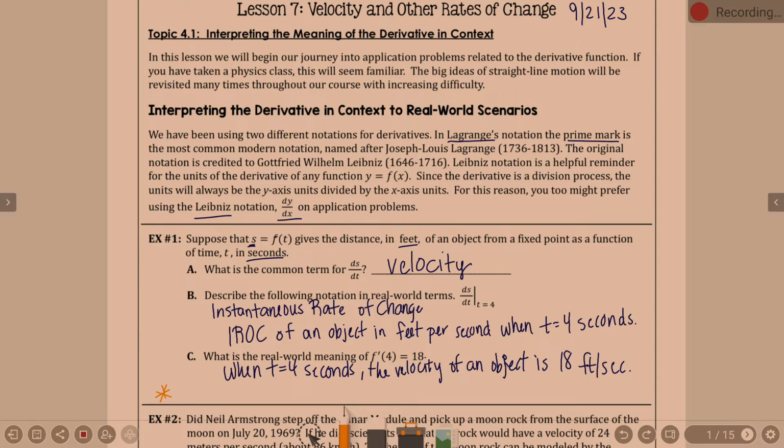Like that one with the pendulum. So positive velocity tells us the object is moving away from a fixed point.